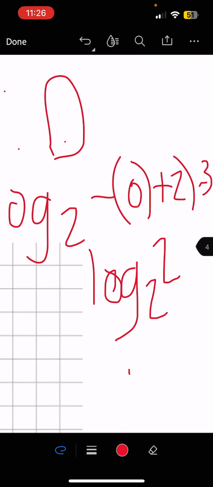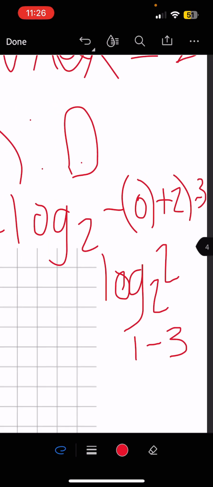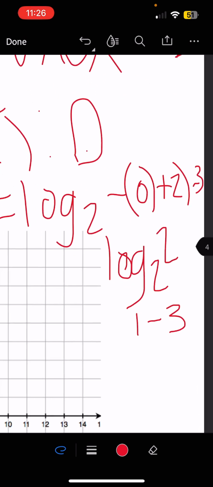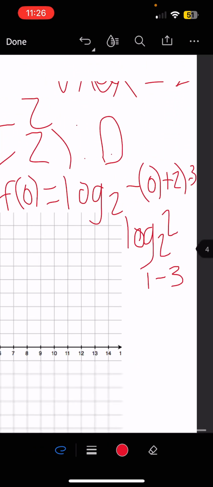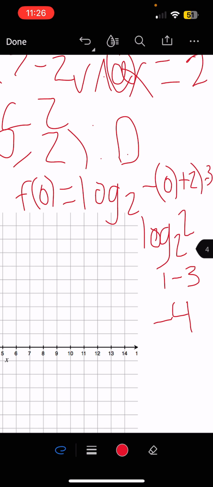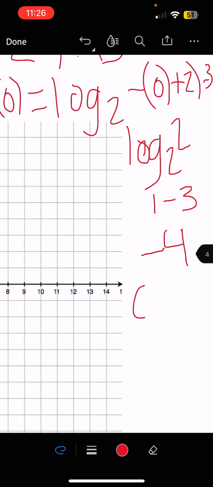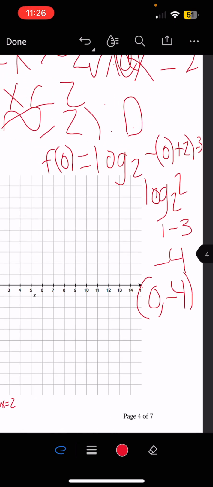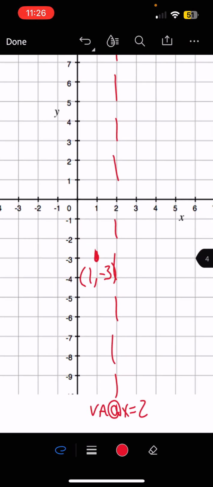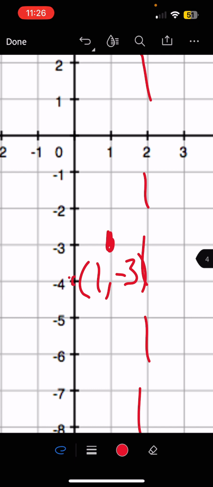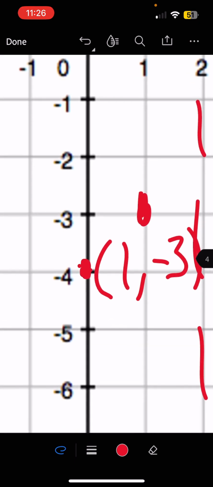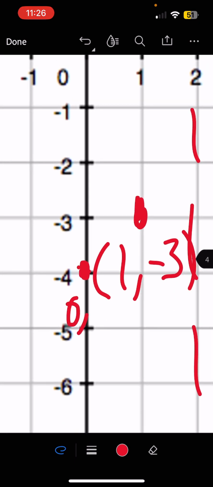So then 1 minus 3 is going to equal negative 4. So it's going to be 0 comma negative 4. So now you have your intercept. I'll go ahead and put that right there and label 0 comma negative 4.